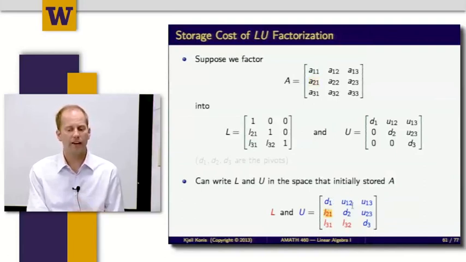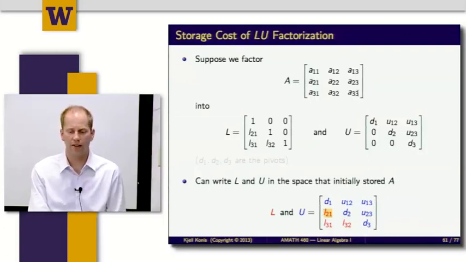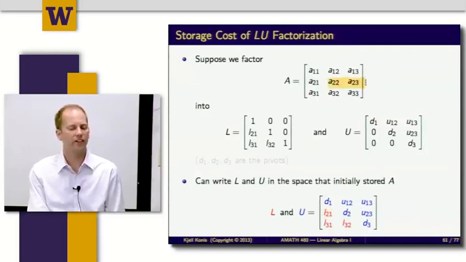Then when I do the elimination, because I know that this is going to become a 0, because that's how I've constructed the multiplier, I don't need to do any math on that. So it's not going to touch this value of L21 that I've stored in the lower triangle. And I'll just do the elimination on these two elements. And that'll give me the second pivot and then some other number in the upper triangle.